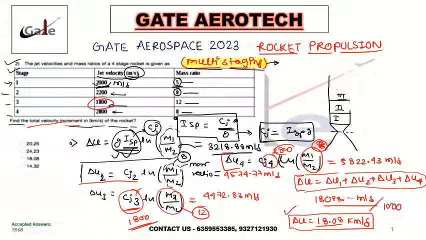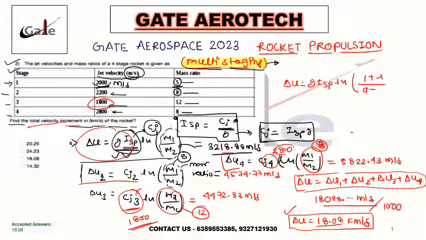That formula is just an extension of the previous formula, in a different form. It is again change in velocity equals, this is in a different form, g into Isp ln of 1 plus lambda divided by this. Okay, so this is also an important formula.